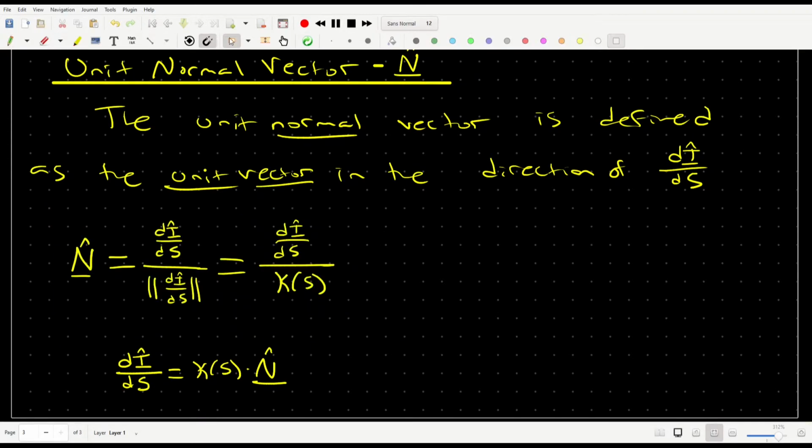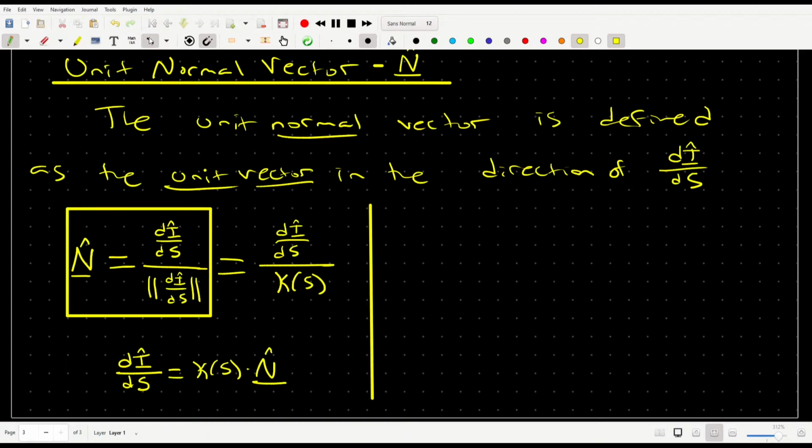So this is the definition of the unit normal vector, and I want to prove to you that this actually is a normal vector to the curve, or perpendicular to the tangent vector of the curve, just to justify why I'm calling this thing the unit normal vector. So why is this normal or perpendicular to any curve?